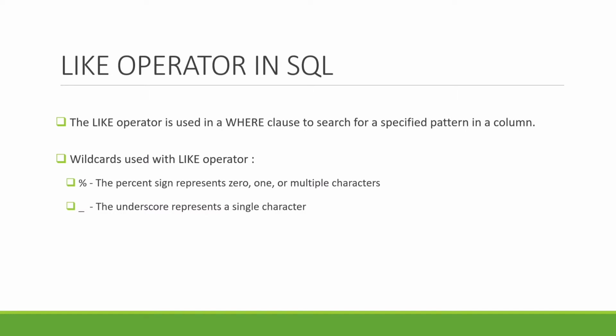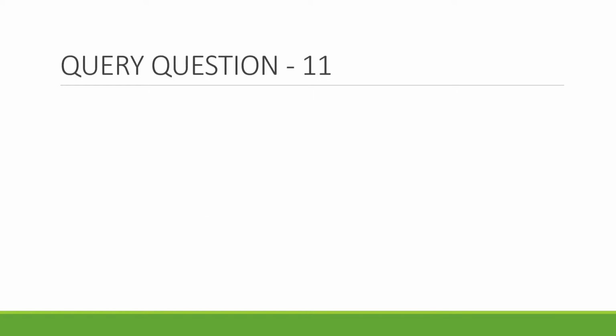Any number of characters after J will come under this category, right? But with the underscore operator, only a single character will occur wherever we specify the underscore. So let's look at examples of how we can use the like operator.